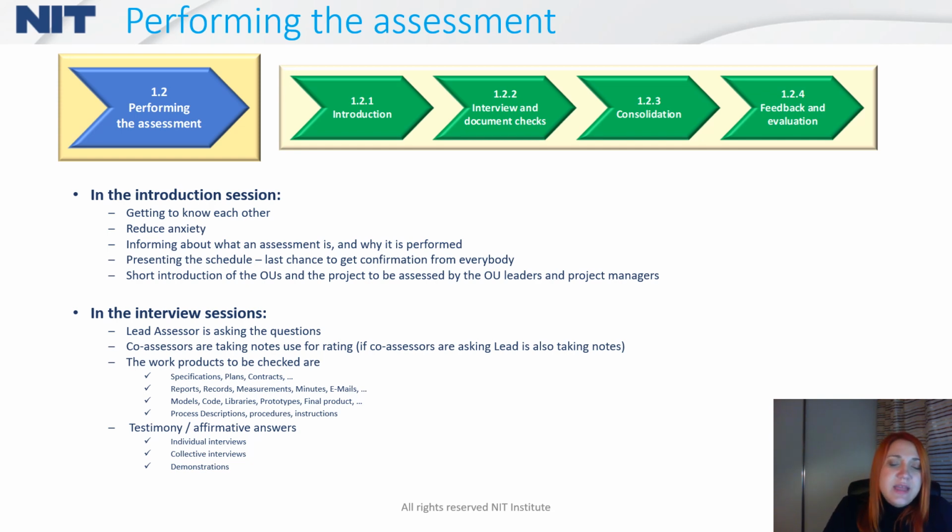In the consolidation phase, which I explained before, all of those notes will be taken into consideration. All the people who were part of the assessment round will be excluded, and only the assessors, lead assessor and co-assessor, will be in the session when they need to consolidate all the notes and all the ratings that they are thinking about.